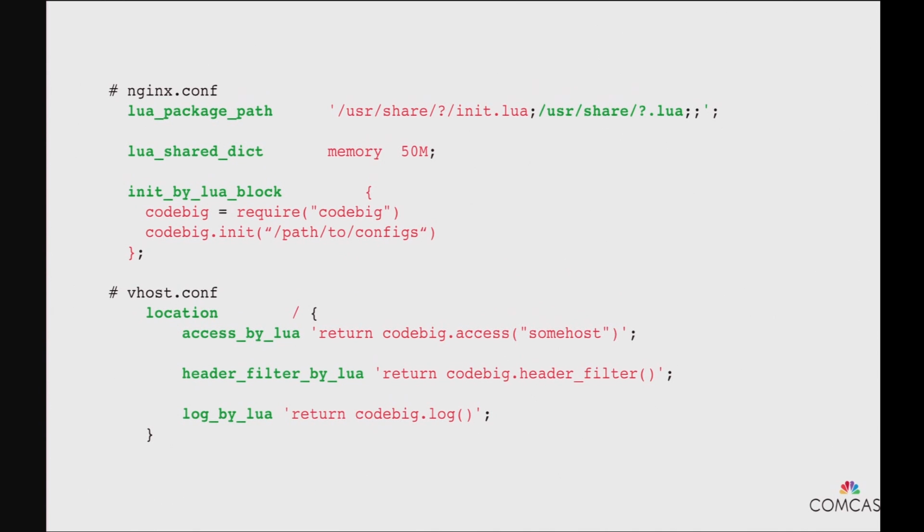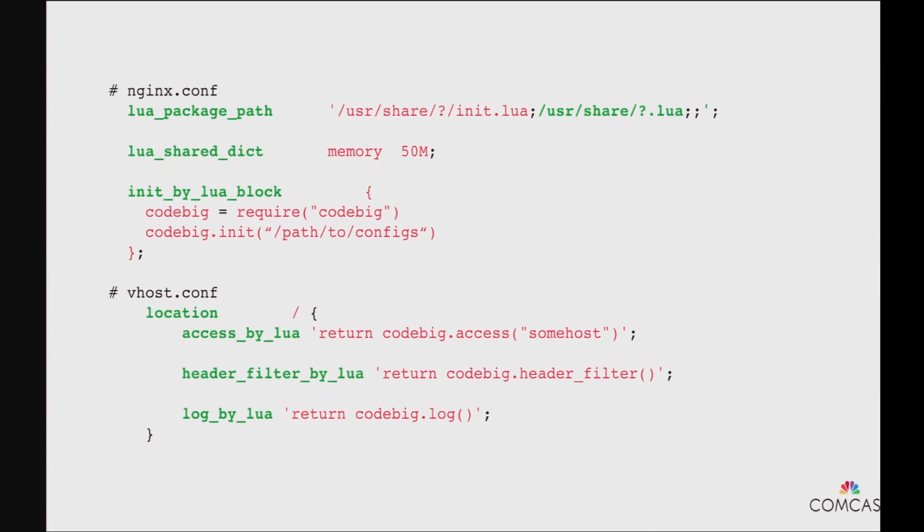And then we define some shared memory. This is basically a concurrent dictionary that's shared between all the nginx workers. We use this for accounting information. And then when we init each worker, or init the whole server for that matter, we require the codebig code. So this is going to find one of those files that we saw on the first line. And then we give it the path to all the JSON configuration. So it loads all that stuff into memory, like I said.